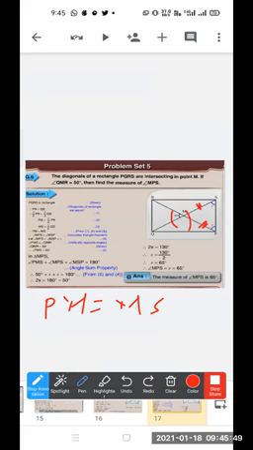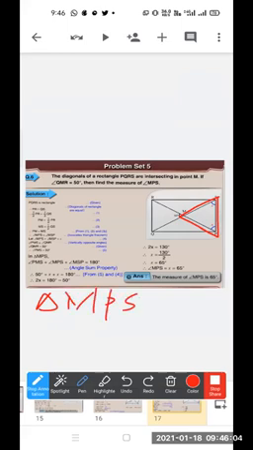So now we have to find the measure of each angle in this triangle MPS. Angle PMS we have got 50 degree.